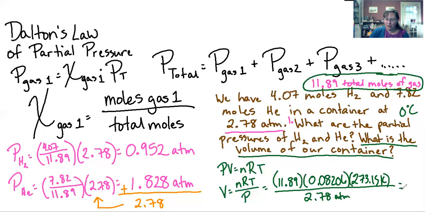So the volume of this chamber would be 11.89 times 0.08206 times 273.15 divided by 2.78. And this many moles in this chamber at this temperature would end up being 95.9 liters.